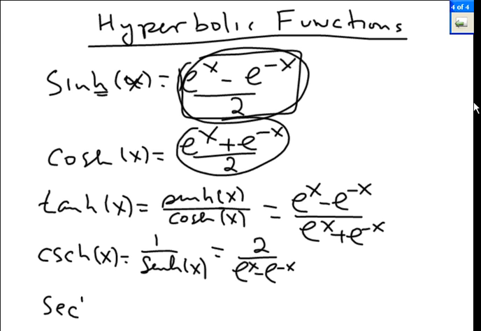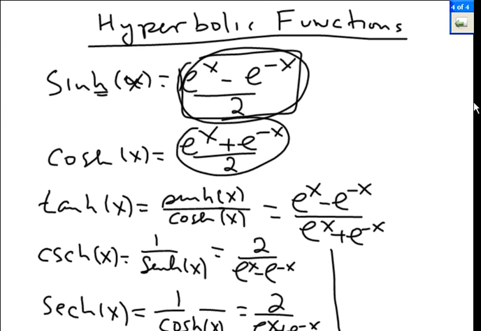The secant hyperbolic of x is 1 over the hyperbolic cosine of x, which is 2 over e to the x plus e to the minus x.